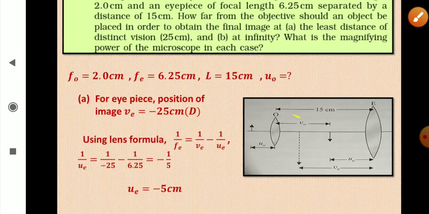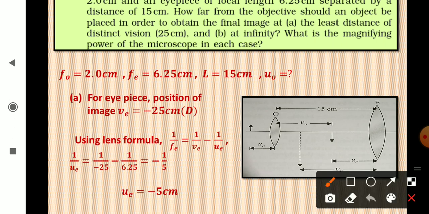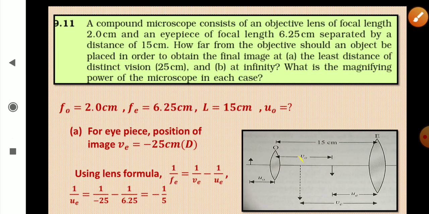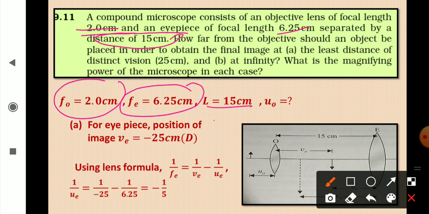So first, write whatever is given to you. So according to this question, FO is given to you, that is focal length of objective lens, and FE is given to you, focal length of eyepiece, and the separation between them, that is tube length L, is given to be 15 centimeter, and you have to find out UO.